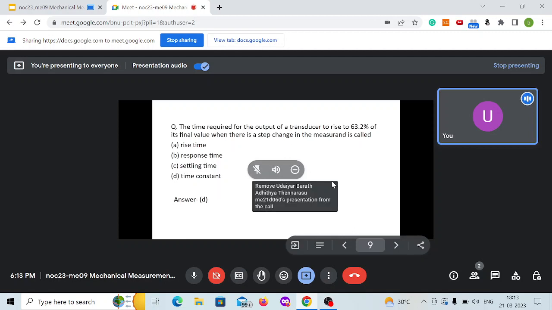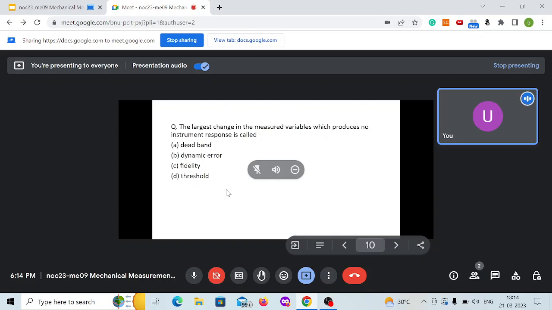So the response time, to reach 63.2%, should equal the time constant. So it will be t equals t star, so it will be e raised to minus 1, which will give you 36.8%. So the temperature would reach 63.2% of the fluid temperature at t equals t star. So that's what this means. So the answer is option D, time constant.